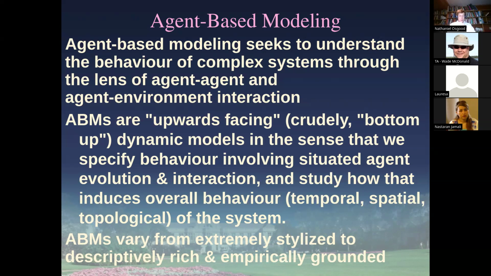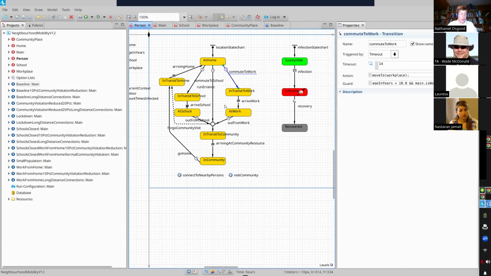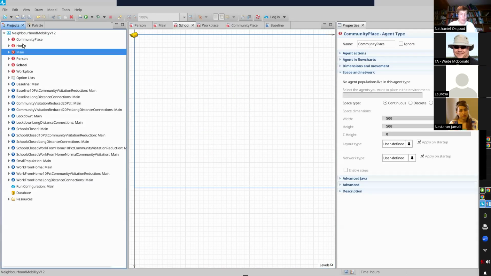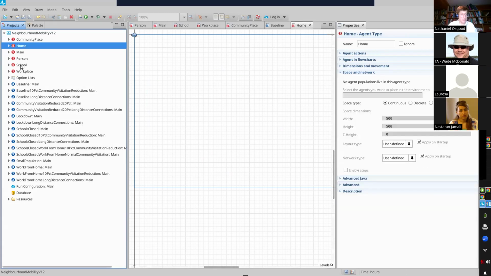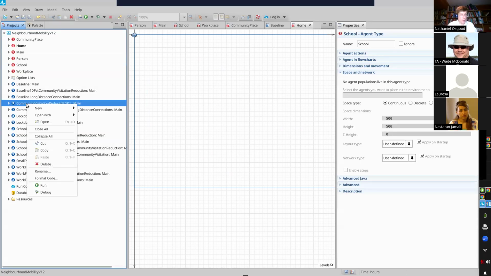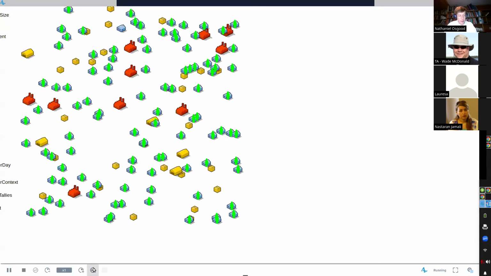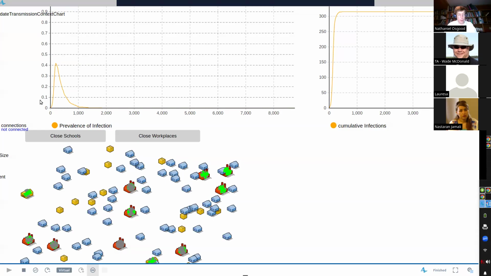Okay, but in a sense, we specify behavior involving some situated agent and their interaction. We study how that induces overall behavior in the system. We saw that this morning, right? We depicted things at an individual level. There were nominally a set of other supporting agents, like homes and schools and workplaces. And then by running it, maybe with reduced community visitation as a posited change, we induce some behavior.